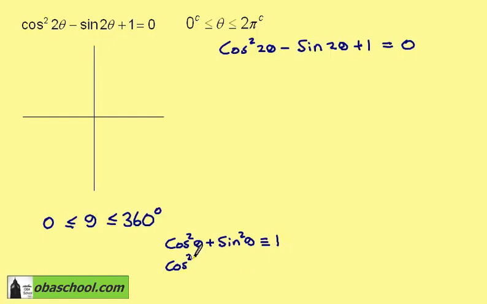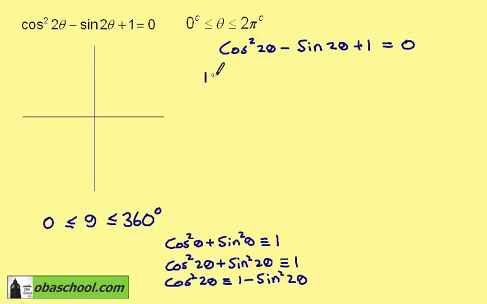This would work with any angle, so cos squared 2 theta plus sine squared 2 theta must also be 1. So cos squared 2 theta would be identical to 1 minus sine squared 2 theta.